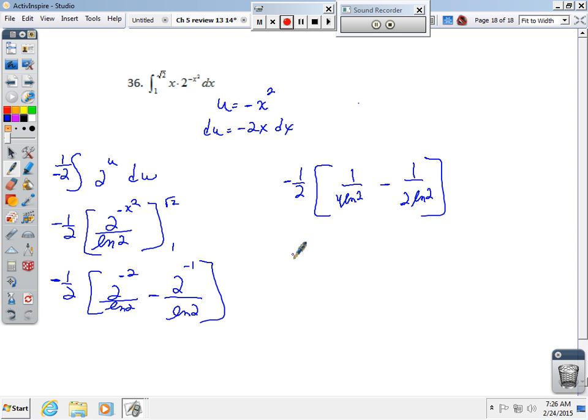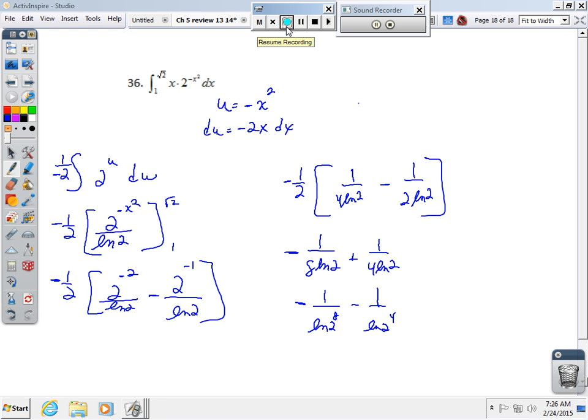Let's see. Okay, I'll do it this way. Negative 1 over 8 ln of 2 plus 1 over 4 ln of 2. And finally, I can simplify, so it's going to be negative 1 over the ln of 2 to the 8th minus 1 over ln of 2 to the 4th.